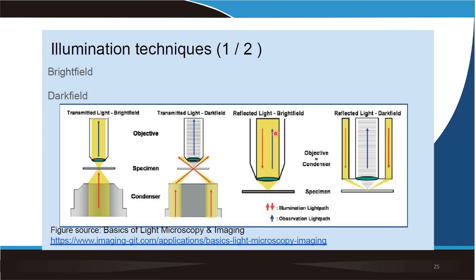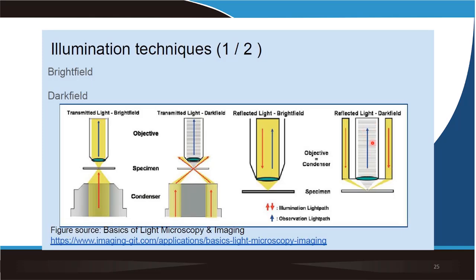So the information is coming from the same objective. Here the objective is acting as a condenser in the bright field, and the dark field looks like this. Here also the condenser and objective are the same thing, but the incident light is coming from this path, and the reflected one is going from this.